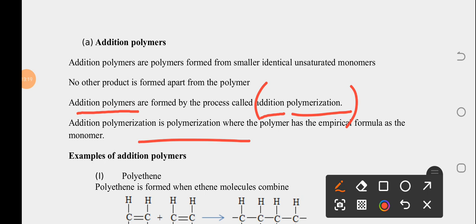Though it is very simple, addition polymerization is just a polymerization where the polymer has the same empirical formula as the monomer. I'm going to explain, don't worry.